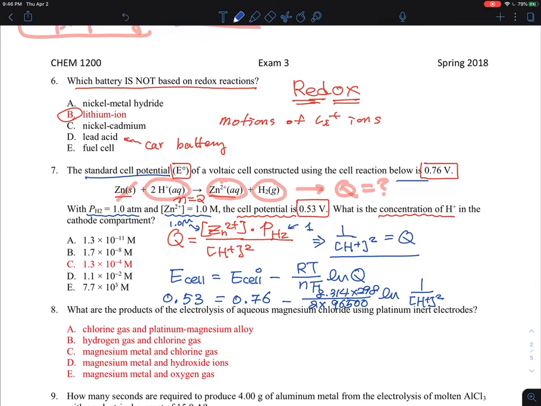So then I can calculate, and you will see that 17.9 is ln 1 over H plus squared. Therefore H plus squared is exponential to the minus 17.9.